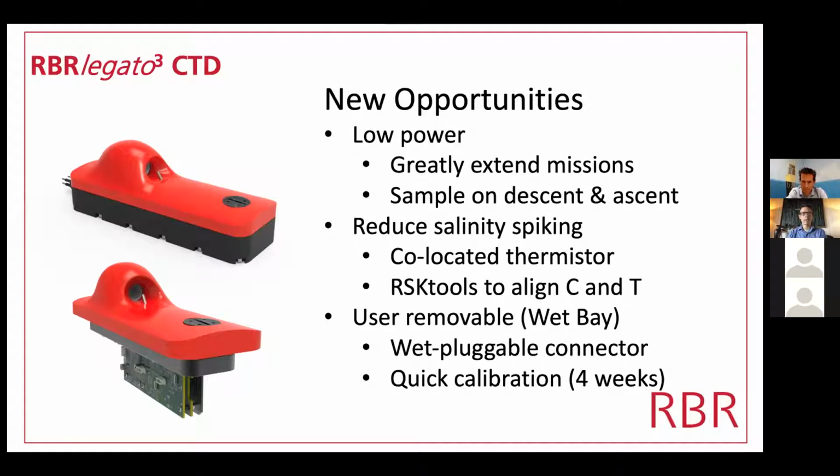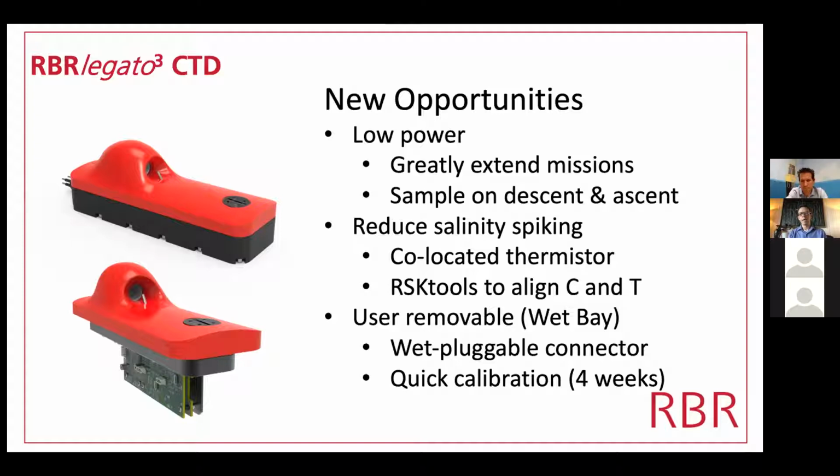Again, I think the same benefit that we found for the Argo program, extended missions. You can sample both on descent and ascent. Because of the placing of the thermistor so close to the inductive cell, it's co-located. That means that we reduce significantly the salinity spiking that occurs due to thermal lag.